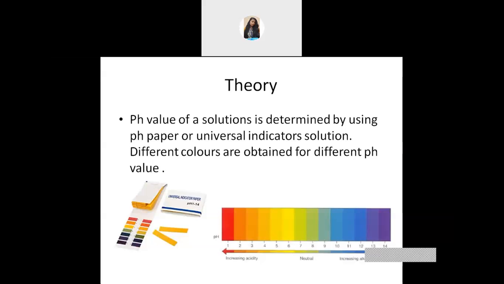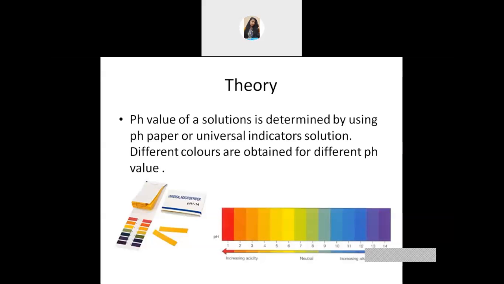In some cases you can observe that the pH paper, when dipped in the solution, does not change its color. That means the yellow pH paper remains yellow. When the pH paper does not change its color, the solution is neutral in nature.